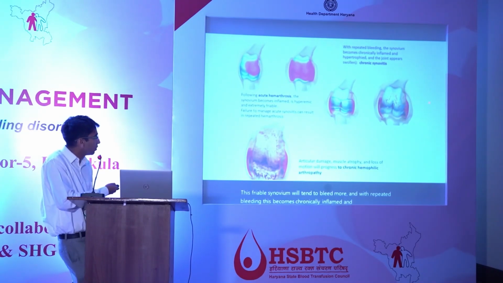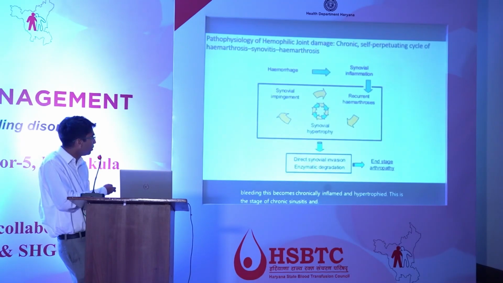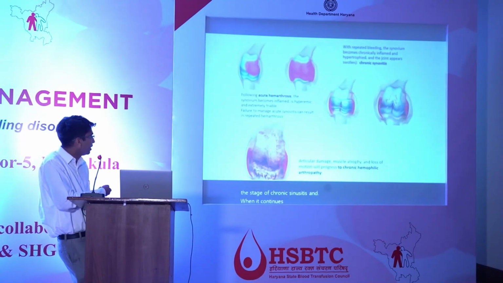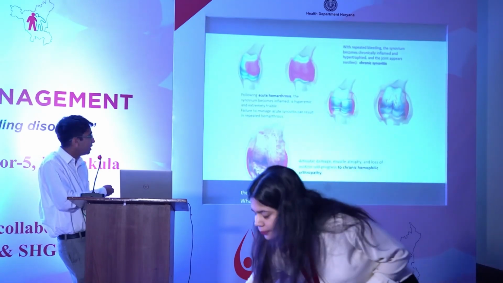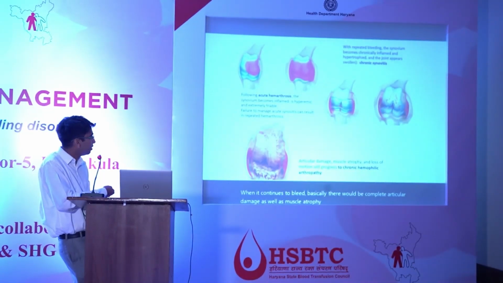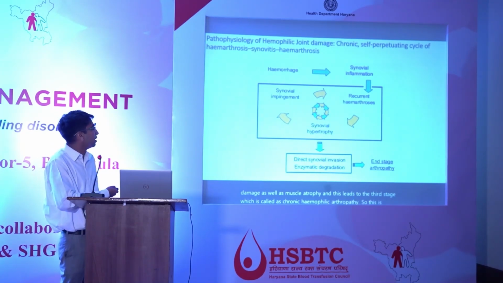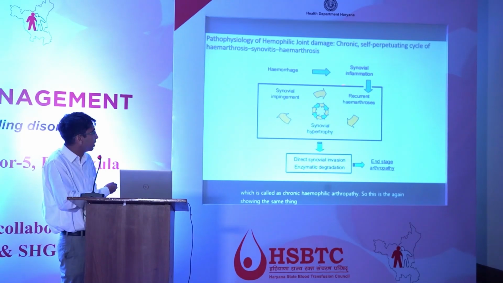This is the stage of chronic synovitis, and when it continues to bleed, there would be complete articular damage as well as muscle atrophy, and this leads to the 3rd stage, which is called chronic hemophilic arthropathy. This is again showing the same thing: hemorrhage leading to synovial inflammation, recurrent hemarthrosis, synovial hypertrophy.